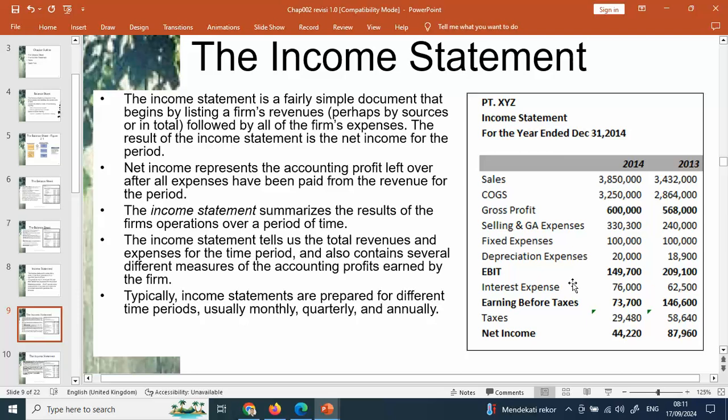Typically, income statements are prepared for different time periods: sometimes monthly, quarterly, annually. This is annual. Sometimes people make it quarterly, Q1, Q2, Q3, Q4. It depends on the company, how much every quarter they create financial statements.